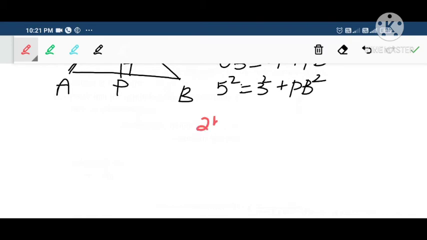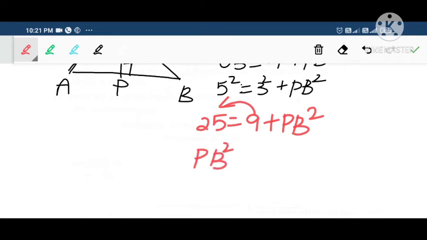So 25 is equal to 9 plus PB square. If we move 9 to the right hand side, it gives 16. So PB square is equal to 16. PB is nothing but 4 centimeter.